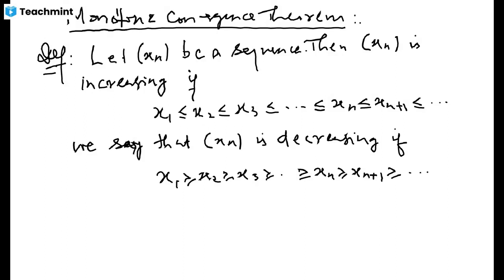This will be known as a decreasing sequence. And a sequence which is either increasing or decreasing will be known as a monotone sequence.